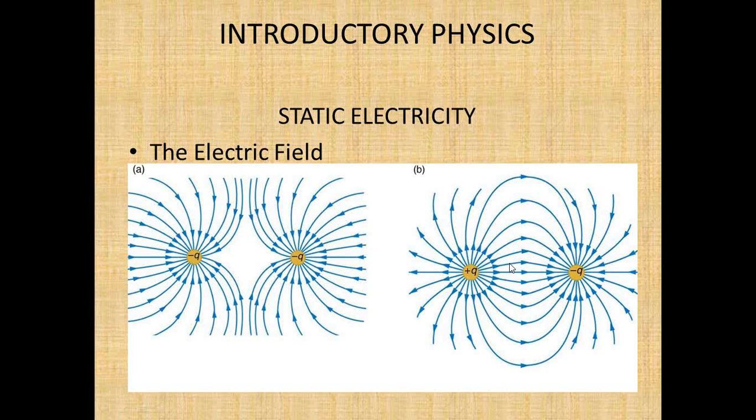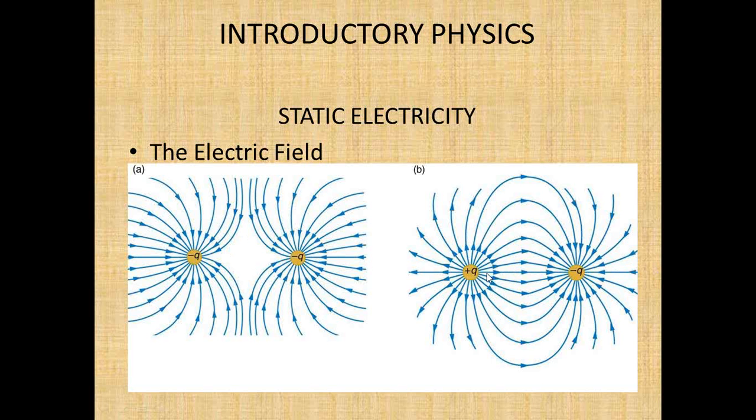So if you have a positive test charge, this source charge is going to repel it because they have the same charge, so the electric field lines are going to be away. Remember what we said about a negative source charge: a positive test charge is going to attract it, so the lines are always going to go towards it.